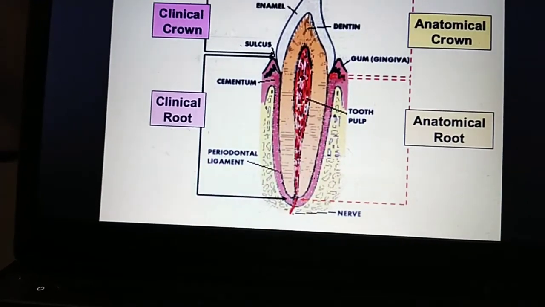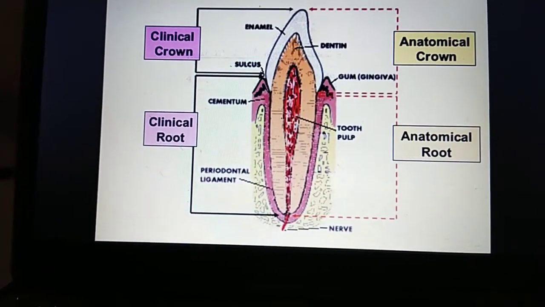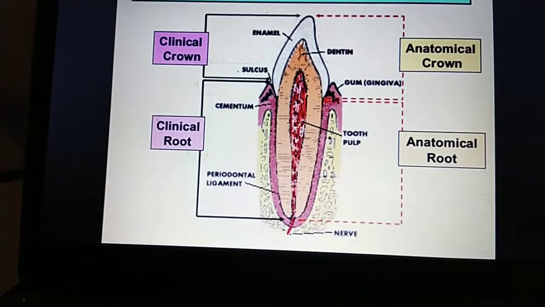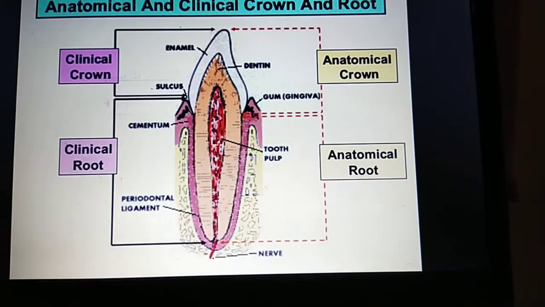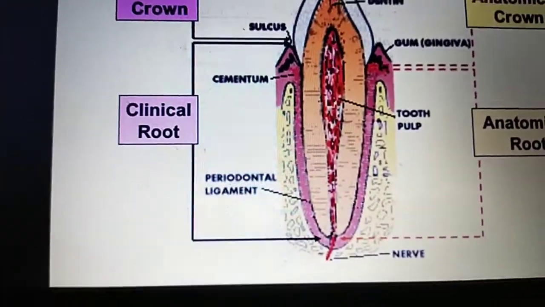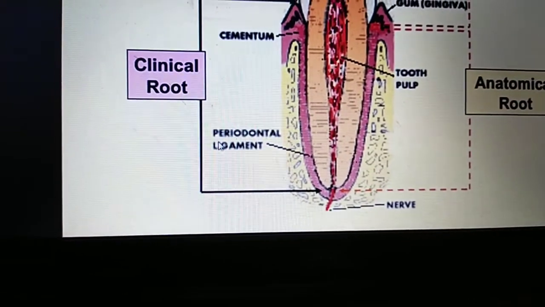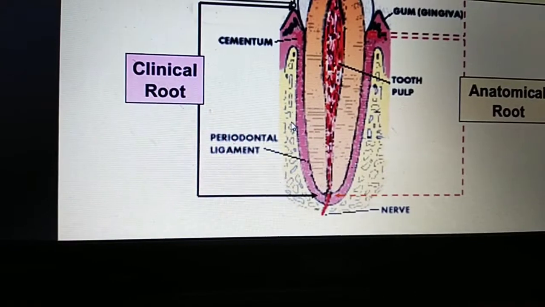Okay, this is one ligament: the tooth is attached to the underlying alveolar bone with fibers. Those fibers are known as the periodontal ligament. You can see here the periodontal ligament. These are nothing but the attachment to the underlying alveolar bone.